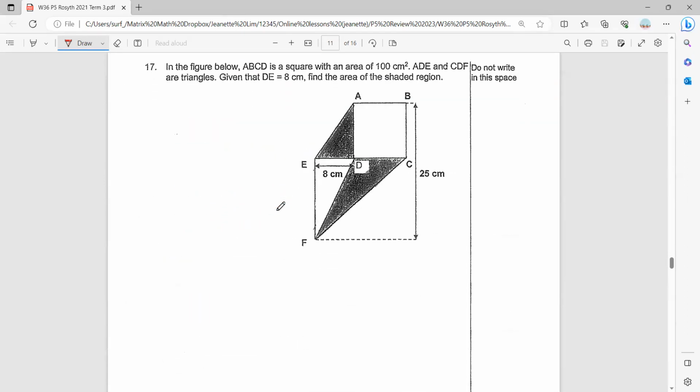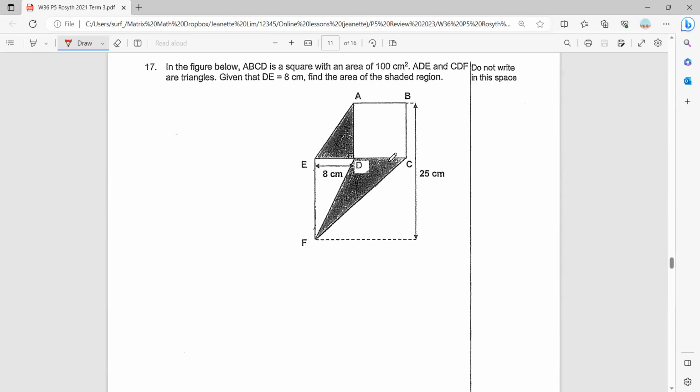Question 17, we have a square area, 100 square cm. Then we have ADE triangle, CDF also triangle. Given that DE is 8 here, find the area of the shaded region. Okay, the shaded regions are triangles, right?